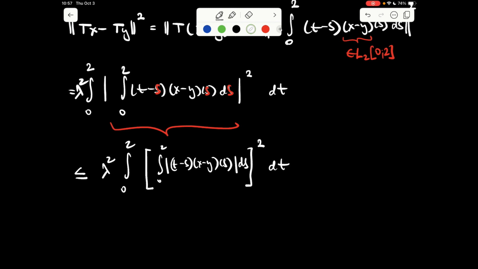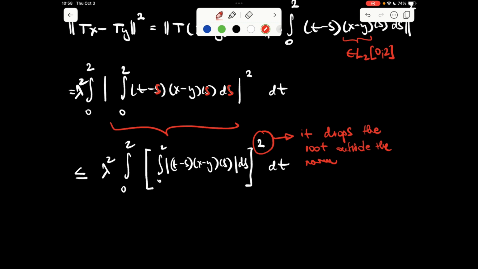Okay, so if we put the function into absolute value, then we might receive a higher value. Okay, this square is useful because it drops the square root outside the norm.